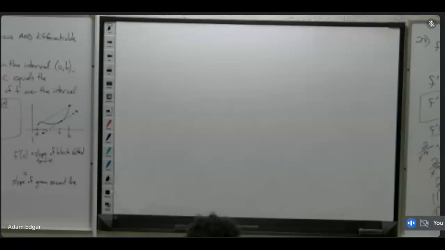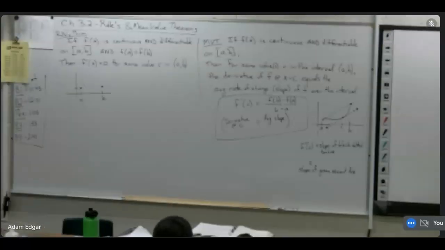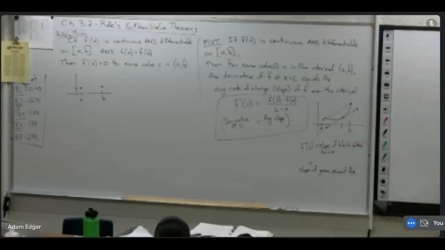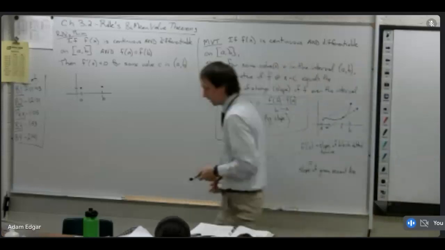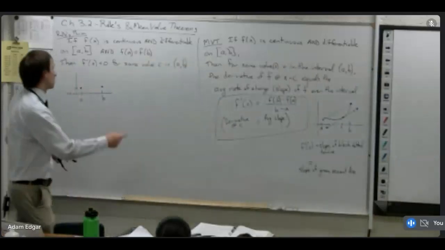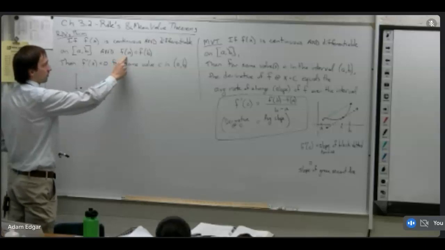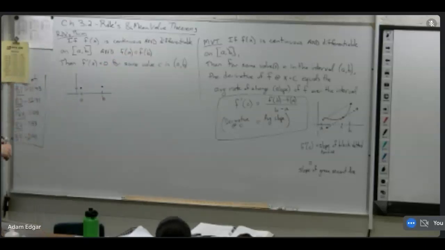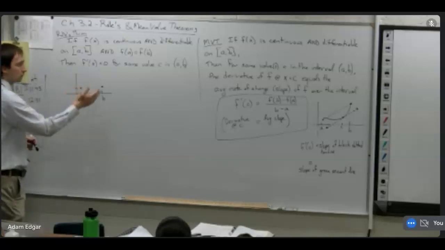One of them is Rolle's theorem, and it's not super important, but it's there, so we should look at it. And then mean value theorem is important. It's just a more general version of Rolle's theorem. So Rolle's theorem says if you have a function that's continuous and differentiable on this interval, and also the function outputs at the beginning and the end are the same, then somewhere in that interval the derivative has to equal 0.